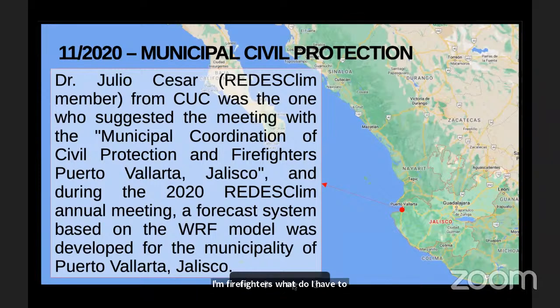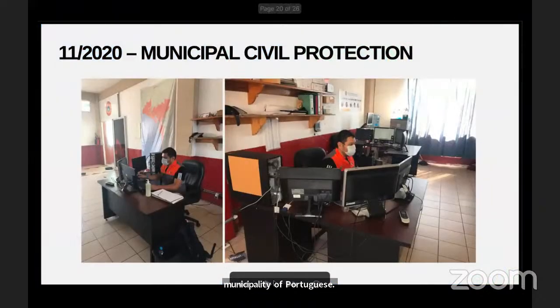And during 2020, a system based on the Dwarf model was developed for the municipality of Puerto Vallarta, Jalisco. Next, please. I worked to install the model, but after some time they had some problems with their desktop and stopped using the Dwarf. Next, please.